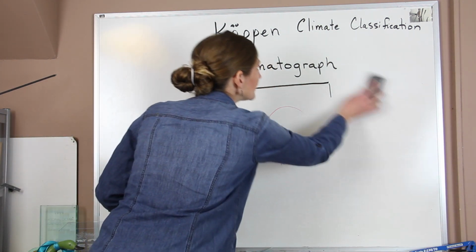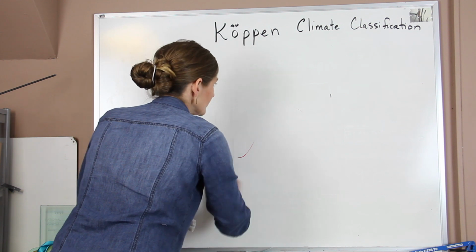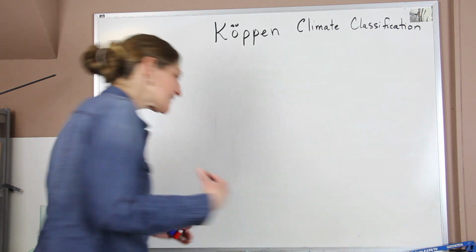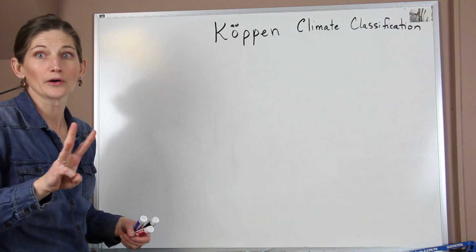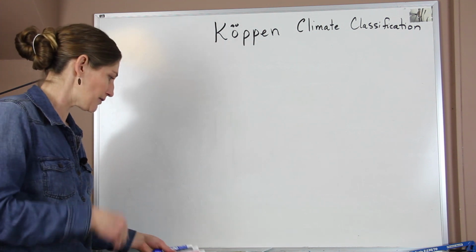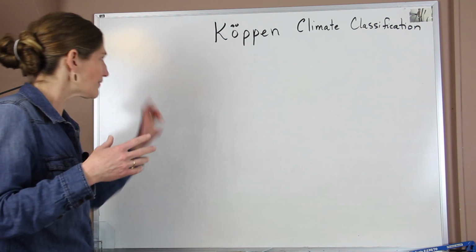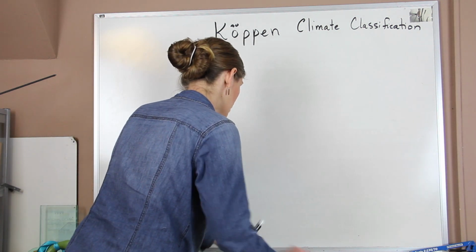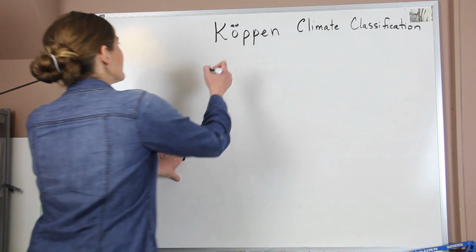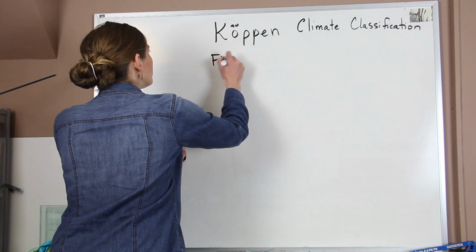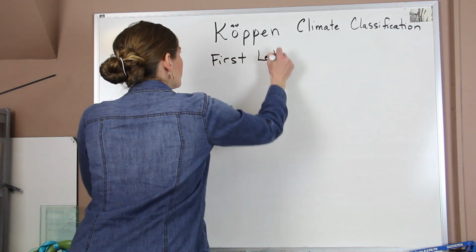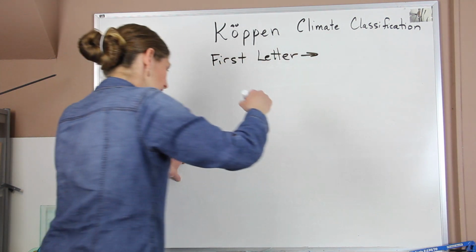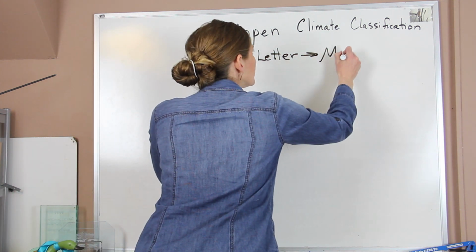When we look at his system, he uses letter codes, and there are 3 letter codes to try to understand these different zones. I'm going to talk about each of them. The first letter is the one that tells us the major climate group.